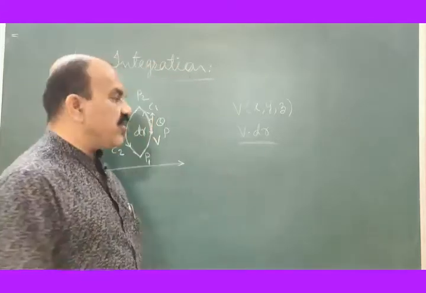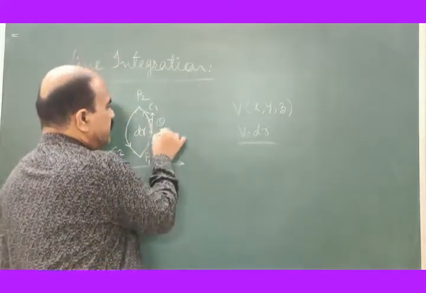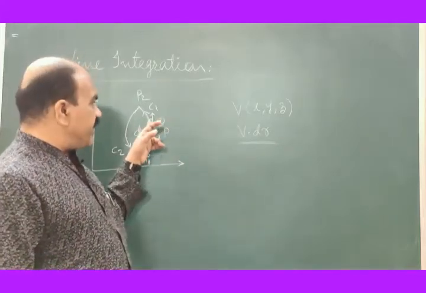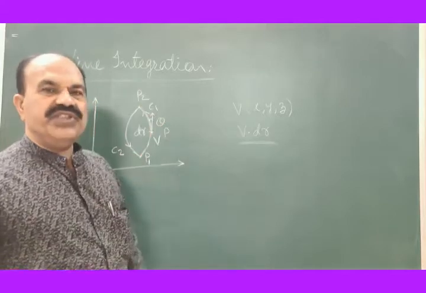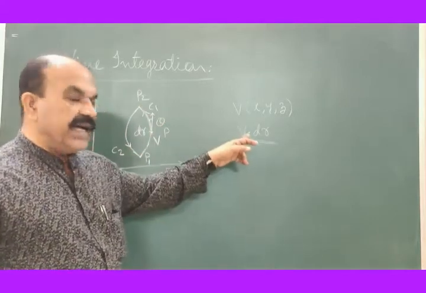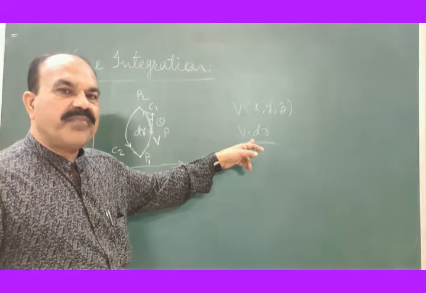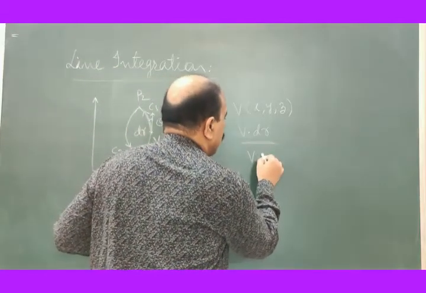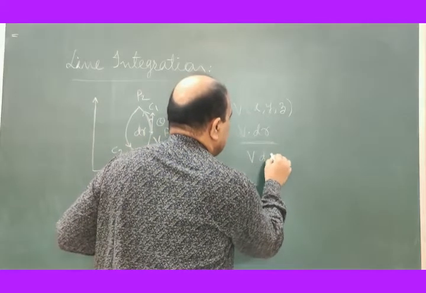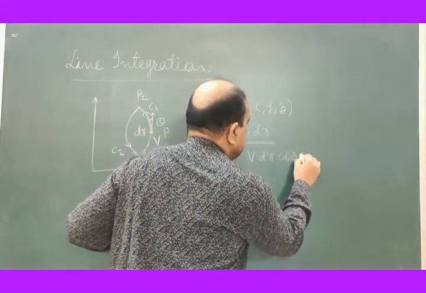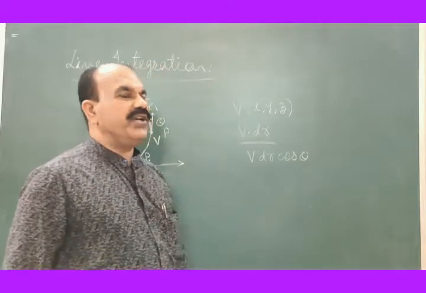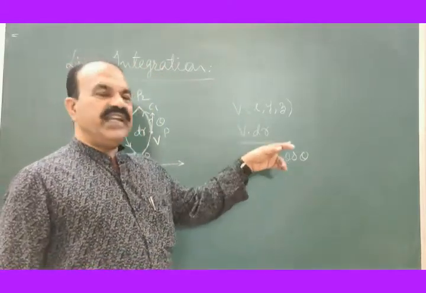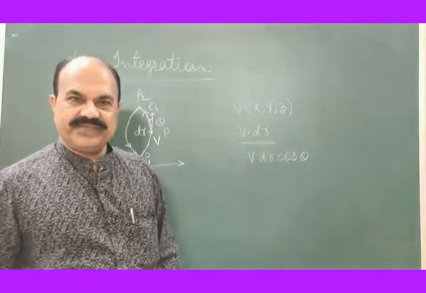So, let us draw a tangent at this point P under consideration. This tangent makes angle theta with this curve, and this scalar product may be expressed in terms of the tangential component: V dot dr is V dr cos theta.